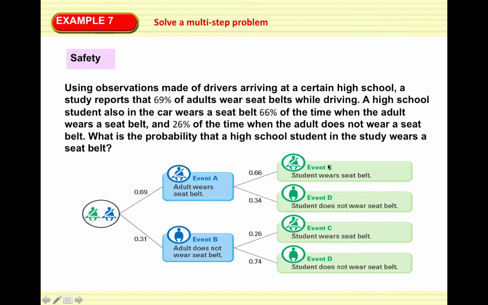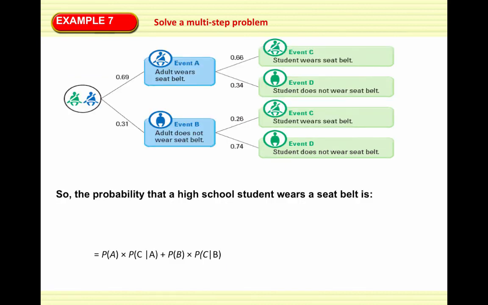to determine the probability in general that a high school student wears a seatbelt. So let's look at our outcomes here. We have an outcome right here where the student wears a seatbelt given that the adult wears a seatbelt, and then we have one down here where the student wears a seatbelt given that the adult does not wear a seatbelt. So these two branches that lead us to event C are going to be included in our answer.